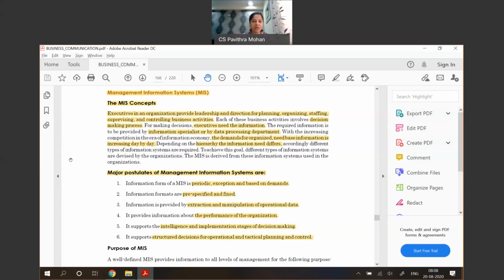So what happens with MIS? Here, executives in the top level management, who help the company to have its organization policy, basically called the leaders or top level people, provide the planning, organization, staffing, supervising, controlling.